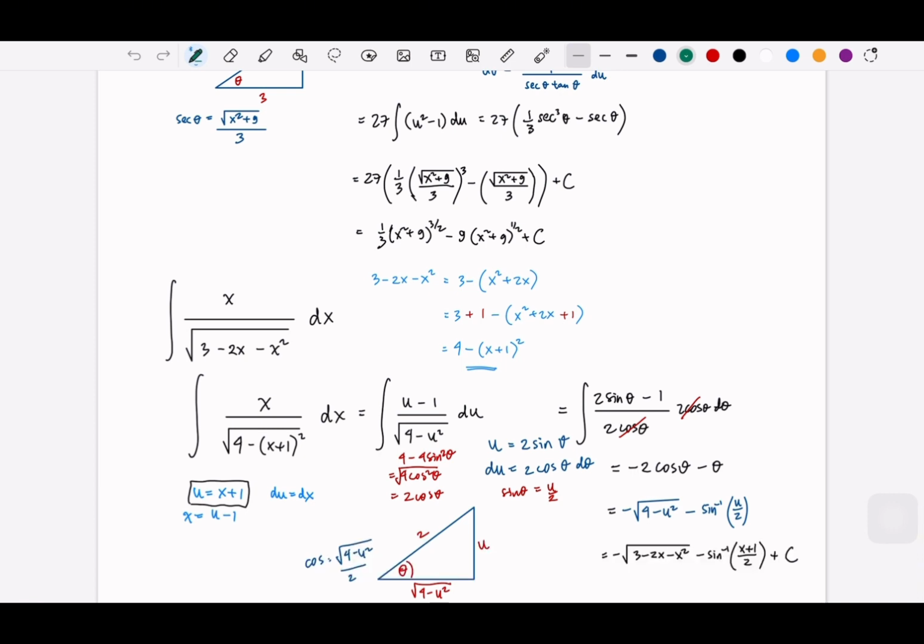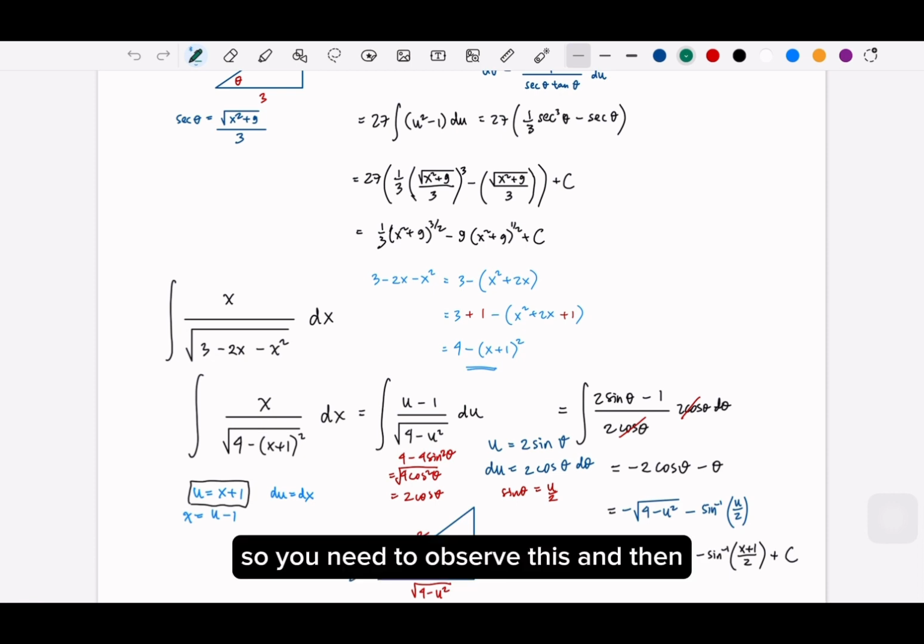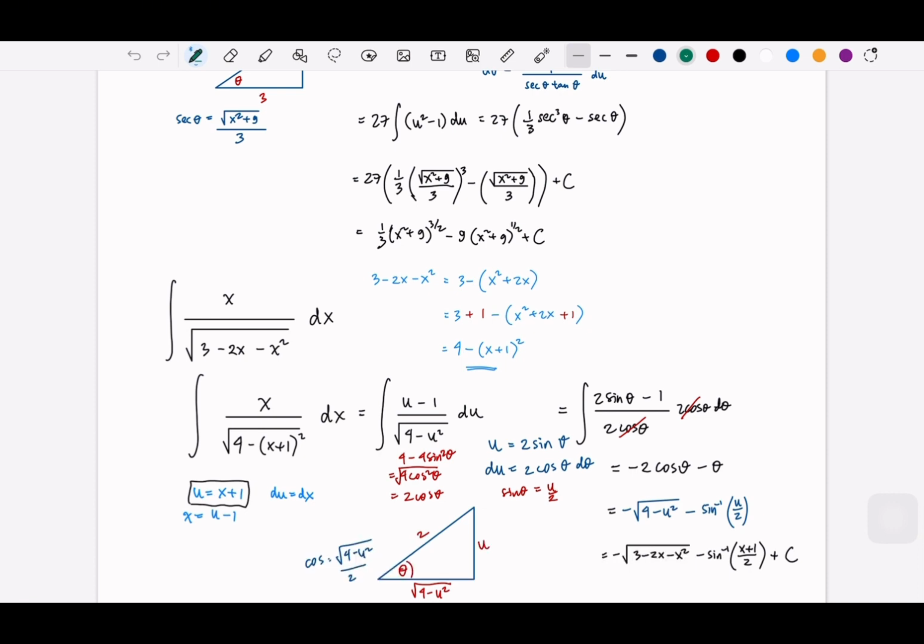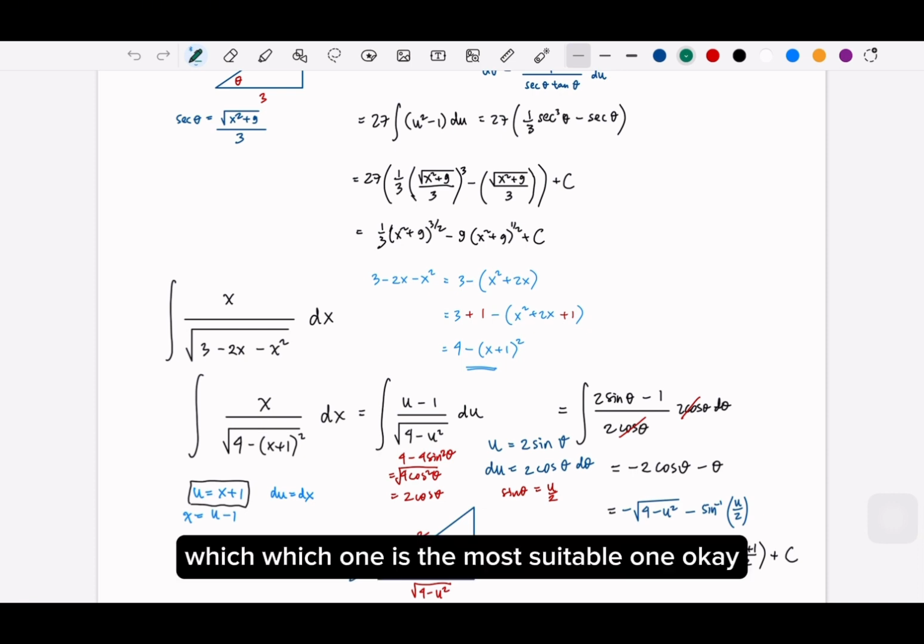Yes? How do you choose which one to substitute? It's based on these two identities. So you need to observe this and then compare with the question. Which one is the most suitable one?